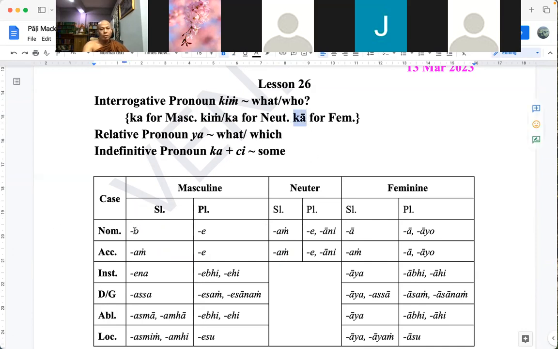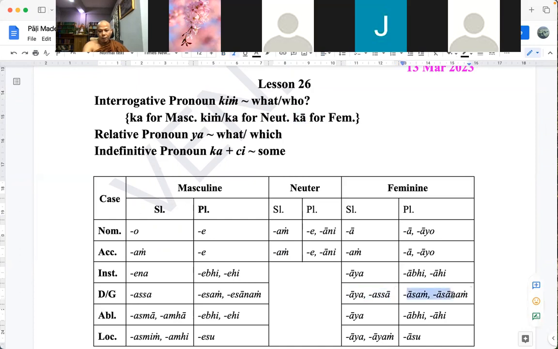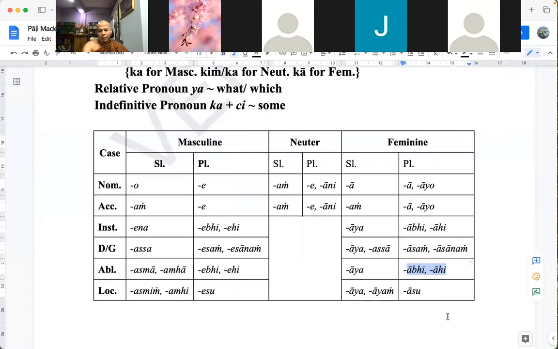In the demonstrative da also: da, sa, da, yo, dan, da, yo. So da, ya, da, bi, da, hi, da, ya, da, sa, da, san, da, sa, nan. And da, ya, da, bi, da, hi, and then da, ya, da, yan. And then we have that san, this san, and so on.